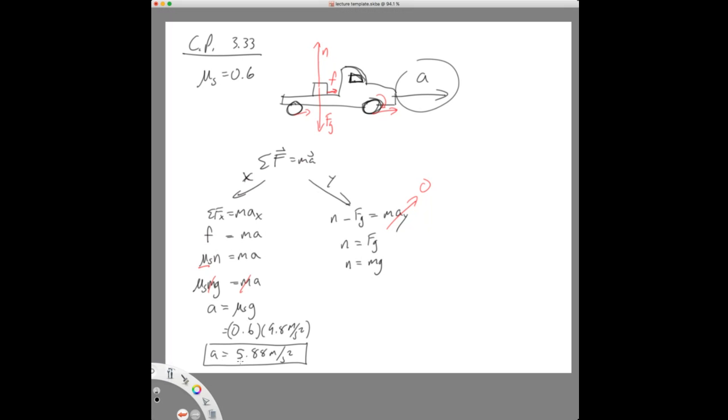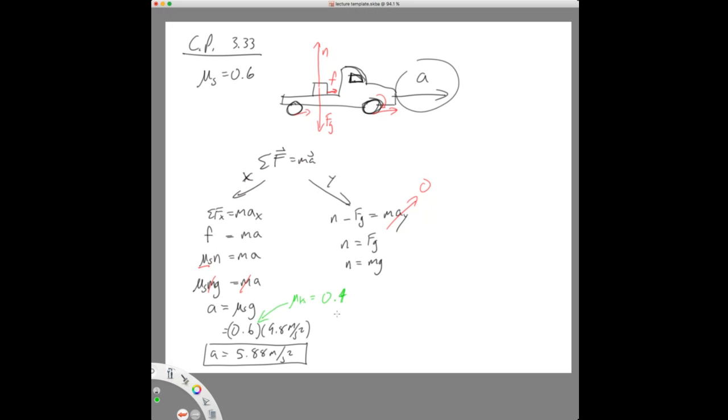But if it tries, for example, to accelerate at 6 meters per second squared, then what happens is the coefficient of friction turns into mu kinetic, which, just for the sake of argument, could be something like 0.4.